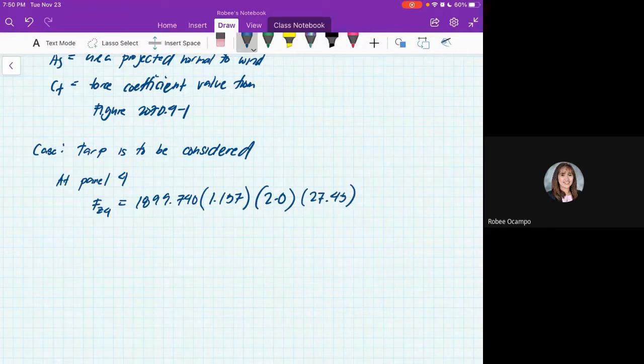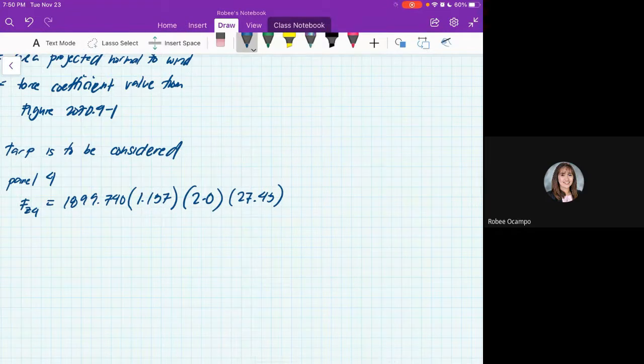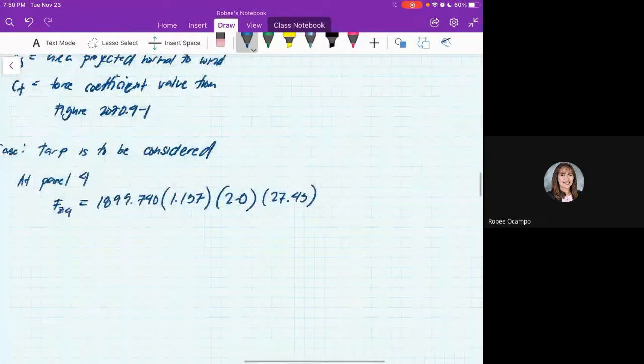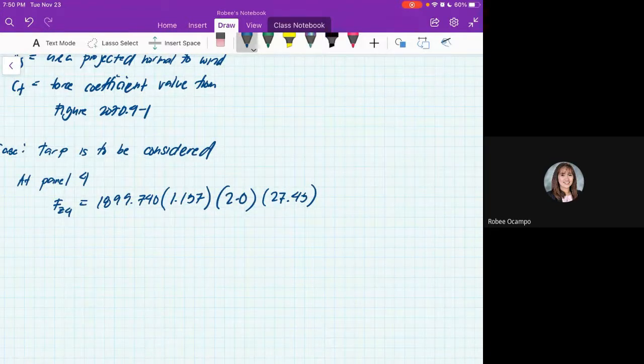That's 3 times 9.15, the width of the billboard structure, while 3 meters is the height of every panel.